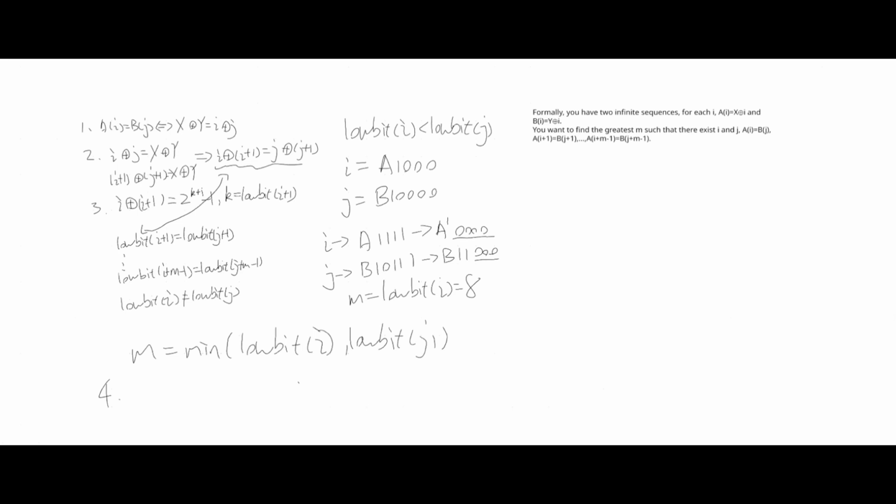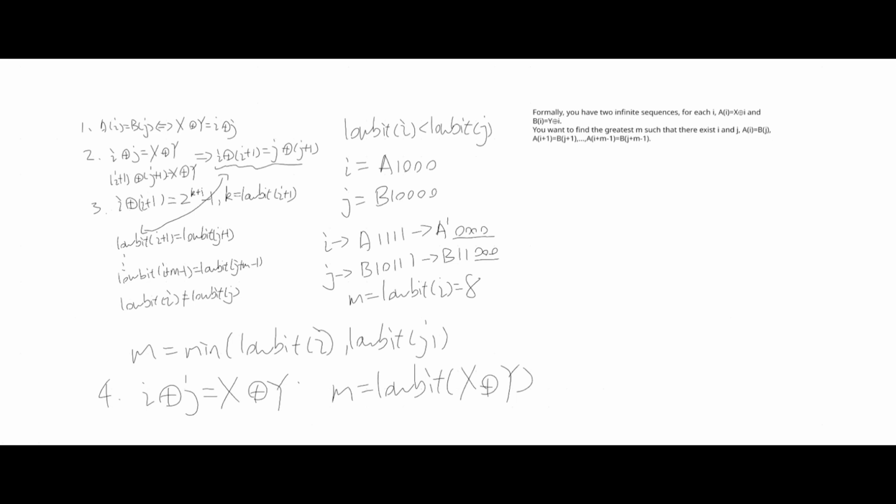We can go back to the initial condition that I XOR J is equal to X XOR Y. From this condition, we can know that M equals the low bit of X XOR Y, and this is the maximum value that we can get.